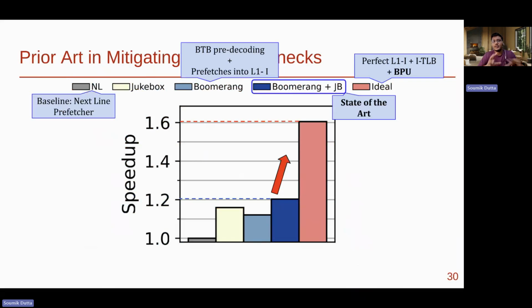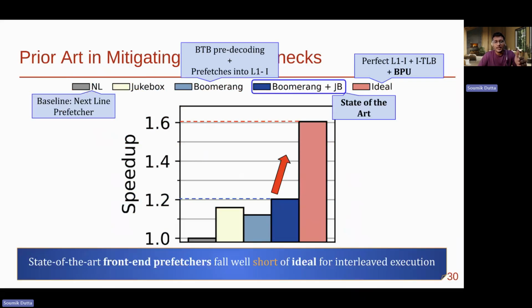Boomerang is another prefetching approach. From the graph we can see that there is ample room for improvement over prior work. The state-of-the-art front-end prefetchers fall well short of the ideal case.